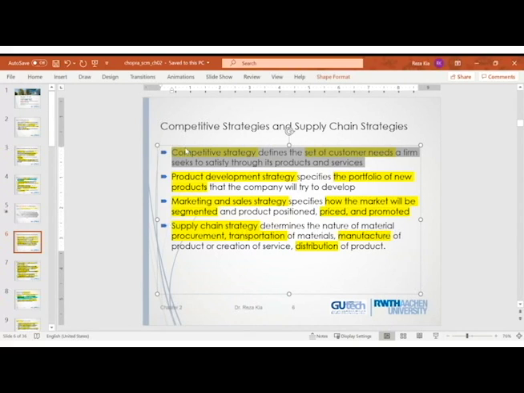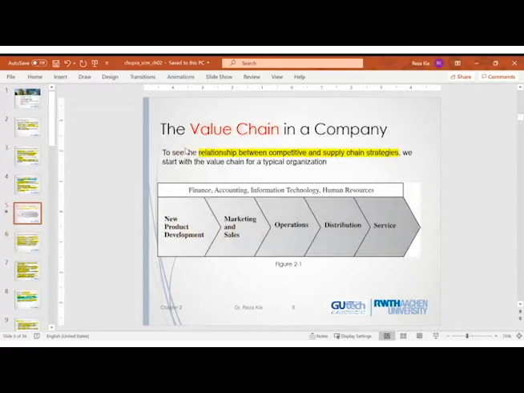So this is one part of the discussion, and then we need to have a link between competitive strategy and supply chain strategy. Inside supply chain strategy, as you have seen here, we can divide it into other operations: product development, marketing, operation, distribution, and services.